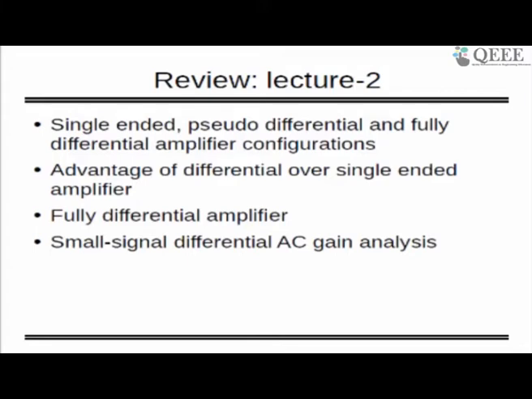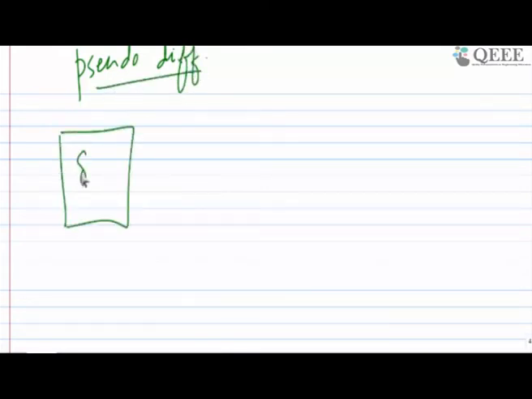Let's call this one pseudo differential. Pseudo differential is all single-ended circuits. Single-ended is the one which has one input, one output, with one VCC, one ground, or maybe minus VE.